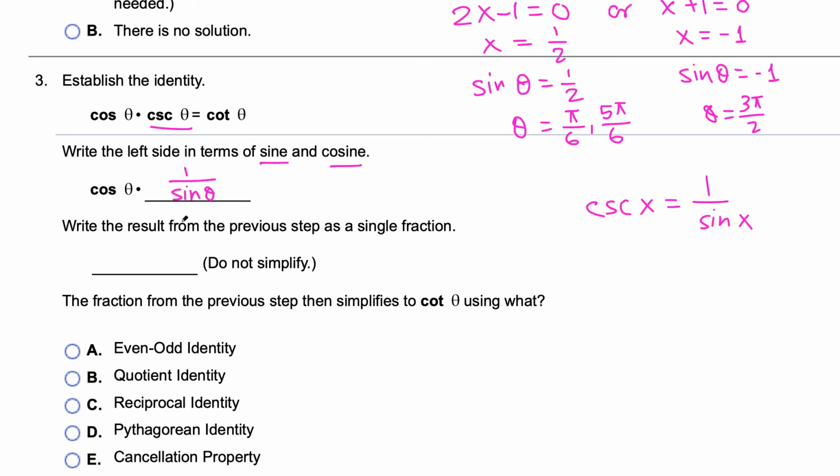sine theta. Write the result from the previous step as a single fraction. Now we're going to multiply. Multiply means cosine theta times 1 on the top, just cosine theta, divided by sine theta on the bottom.